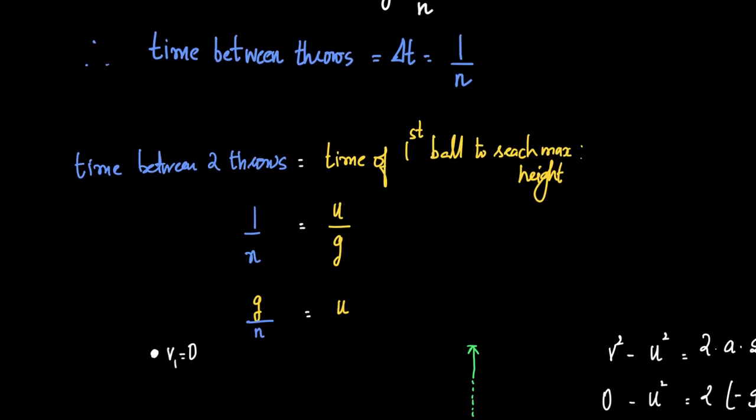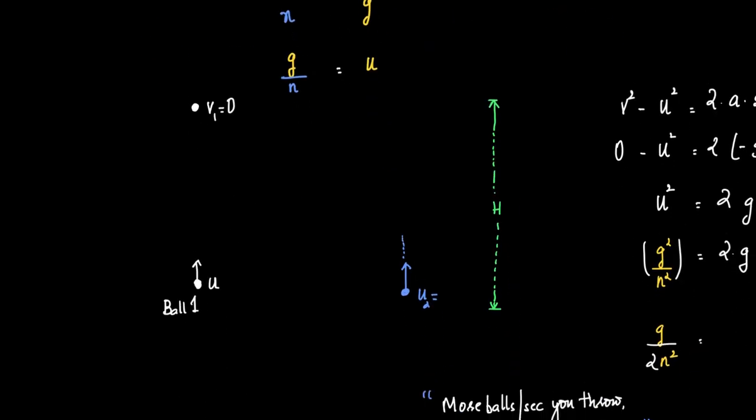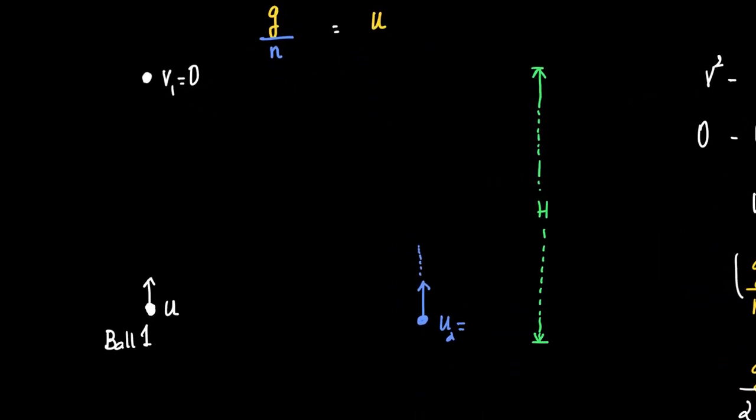The time between two throws, which is 1 by n, is equal to the time for the first ball to reach the maximum height. Therefore, 1 by n is equal to U by G, and U is therefore equal to G by n. Going further, if ball 1 is thrown with velocity U, the final velocity V1 is 0. Why?